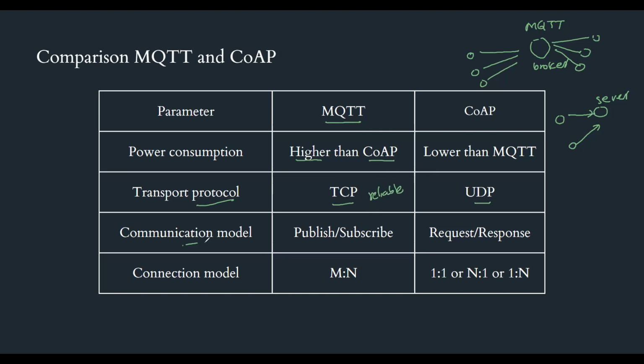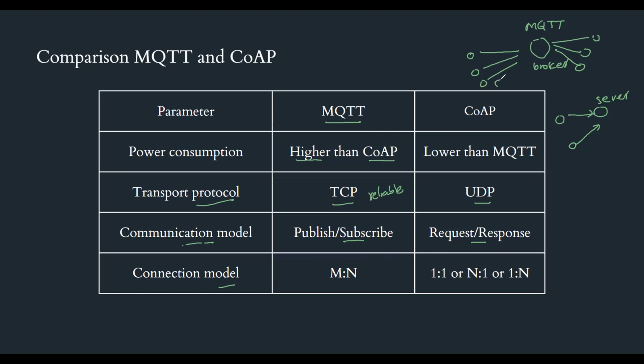And then the communication model that is used is different. In MQTT, we use a publish and subscribe model, whereas in CoAP, we use a request and response model. Then in the connection model, once we consider how the devices can be connected, the MQTT protocol can connect M to N devices.